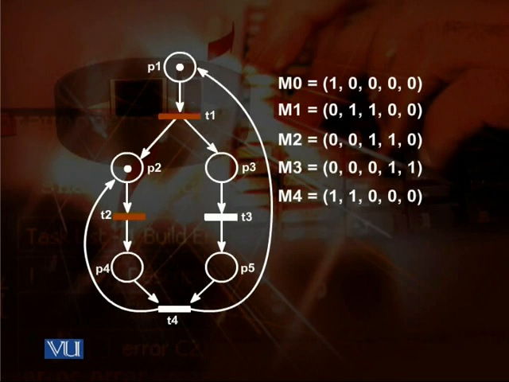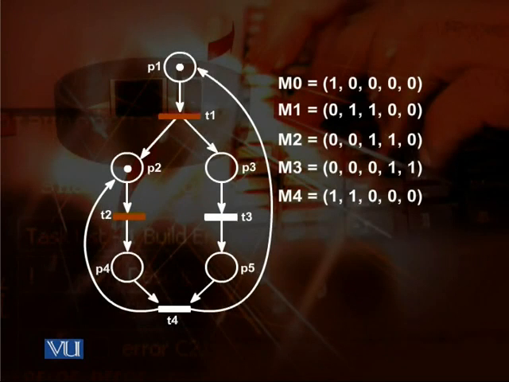In all those transitions, in the markings that we got from M1 to M4, the total number of tokens did not change. In the initial case, we started with only one token, that is M0, but subsequent transitions did not add any token to our system. So the total number of tokens remained the same throughout these 4 transitions.